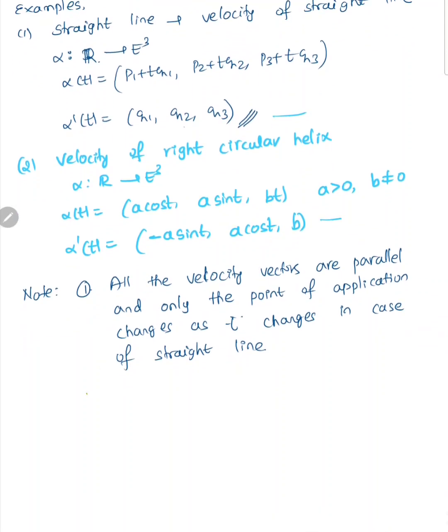Also, from the velocity of the right circular helix, we can see the z coordinate is constant.